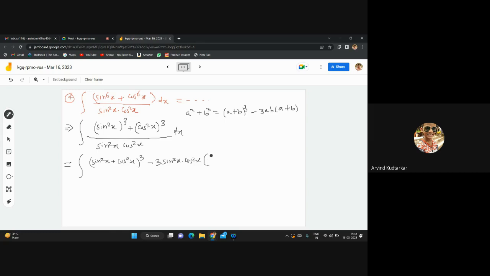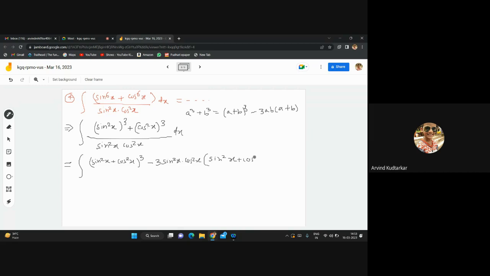What will a plus b be? Sin square x plus cos square x. Okay, a is sin square x plus b is cos square x into dx upon sin square x into cos square x. Okay, so (a plus b) cube minus thrice ab into a plus b.